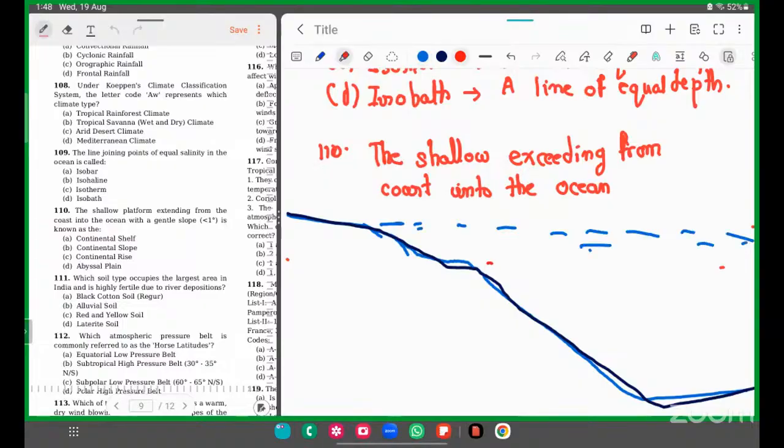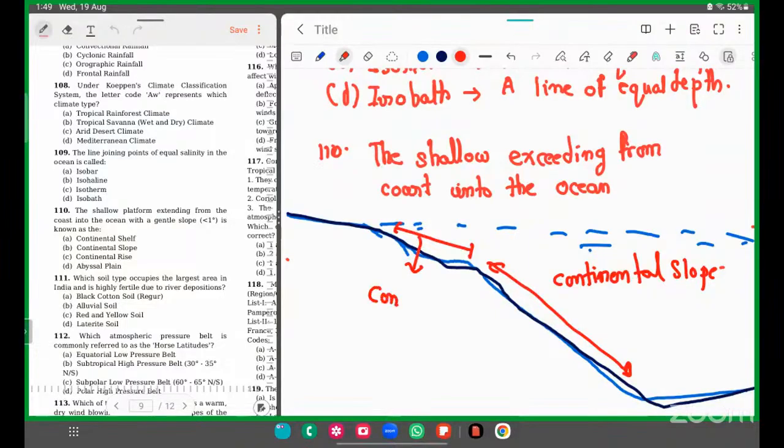This is known as continental shelf, then continental slope. This part is known as continental shelf.